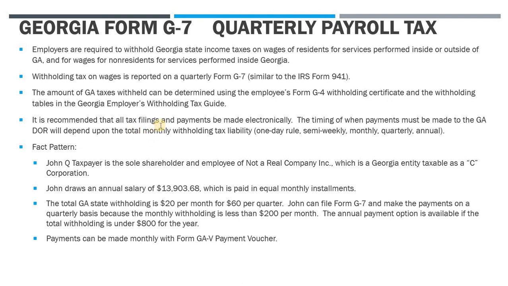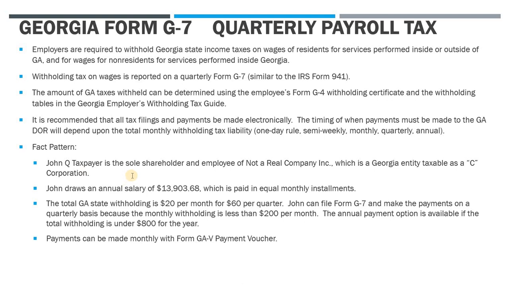But in some cases you can do the paper forms, and that's an example we're going to look at here. Now, the timing of when you have to make these withholding payments is going to vary. So you have to make the payments to Georgia Department of Revenue depending on how much monthly withholding tax liability you have. And so we'll look at the table which covers these one-day rules, semi-weekly, monthly, quarterly, and annual depositors.